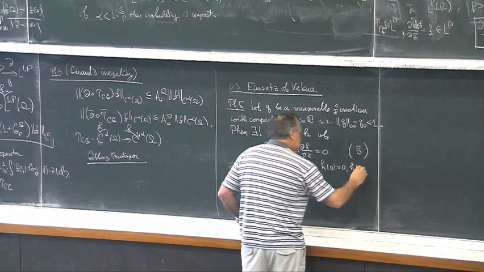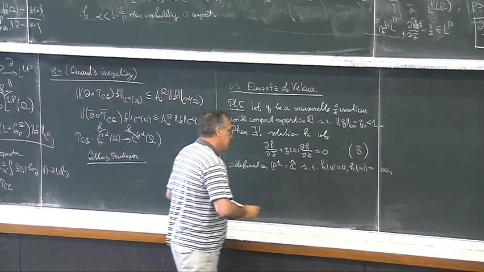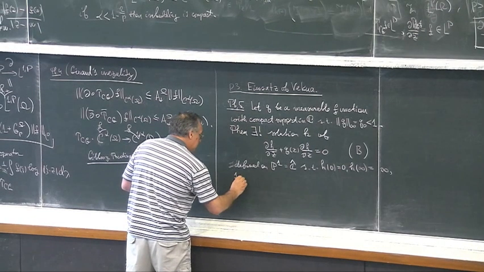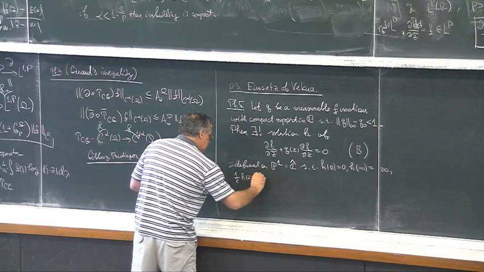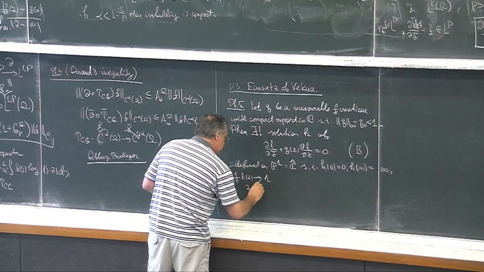This is the normalization. H at infinity is infinity, and 1 over z times H of z goes to 1 when z goes to infinity.